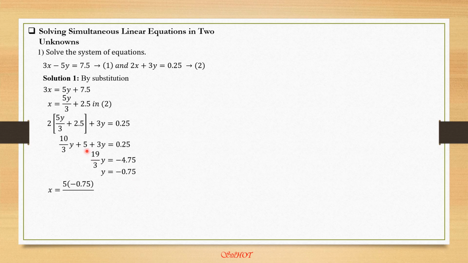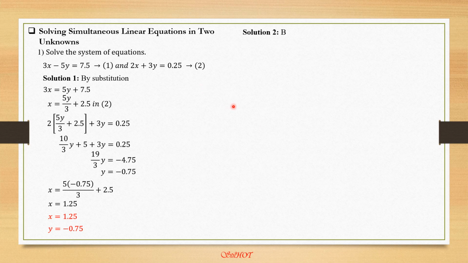So x, or into this equation, 5/3 of negative 0.75 plus 2.5. So that would be x equals 1.25. Then we will not check the answers because we have another solution by elimination method. So these are our answers by this method.